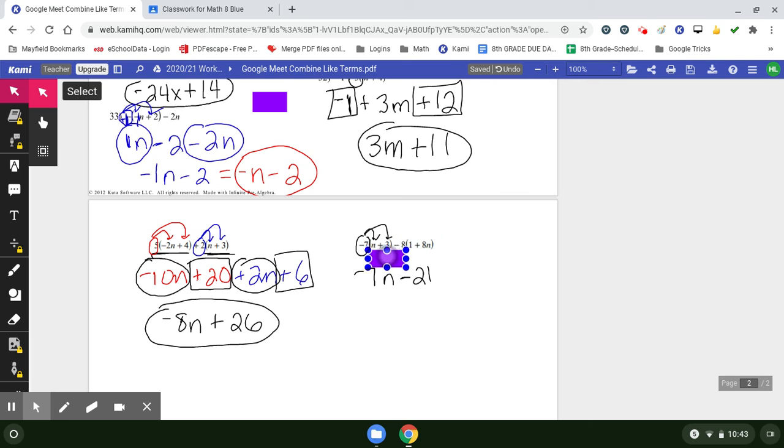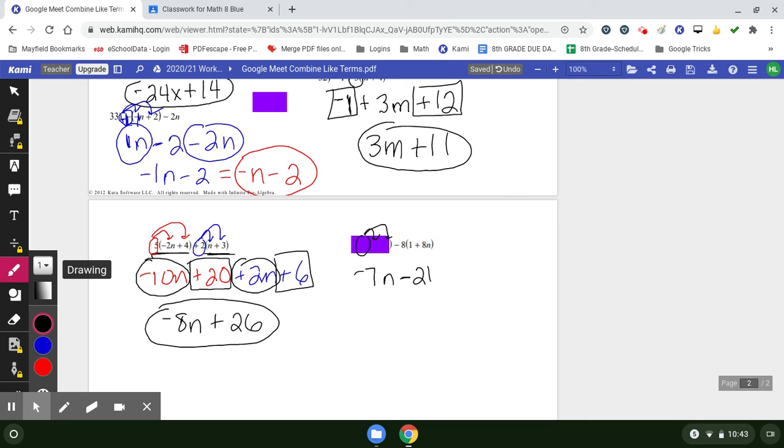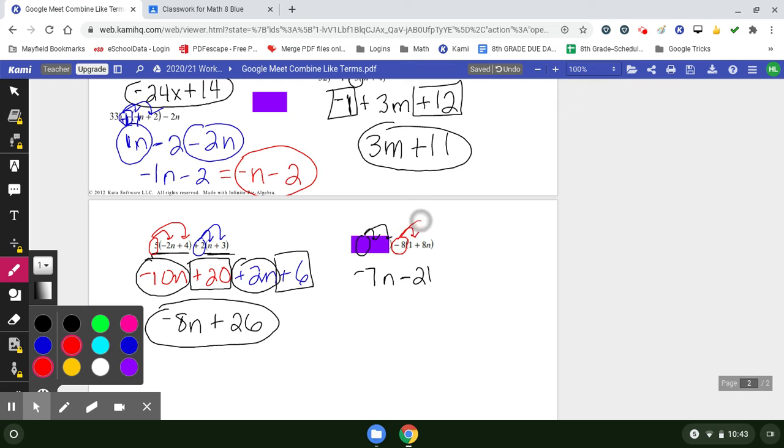I'm going to move my box. Now, if you look, you're going to distribute out the -8. It's -8, so it becomes -8 because plus -8 is the same as -8. So -8 times 1 is -8. -8 times 8n is -64n.